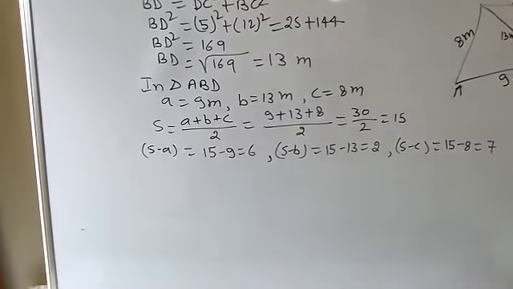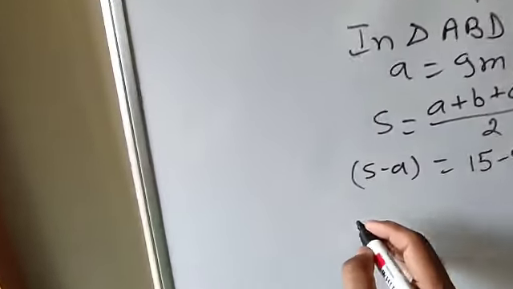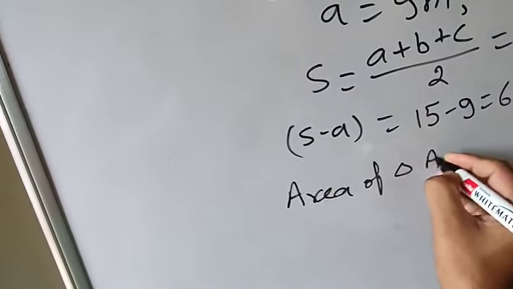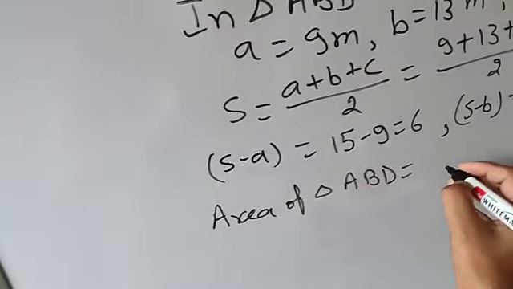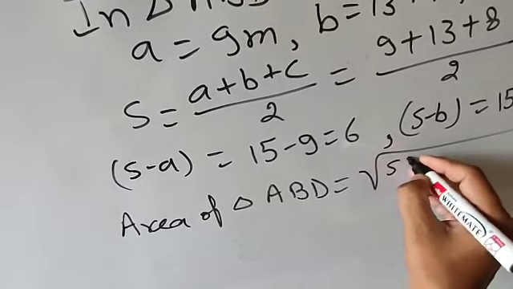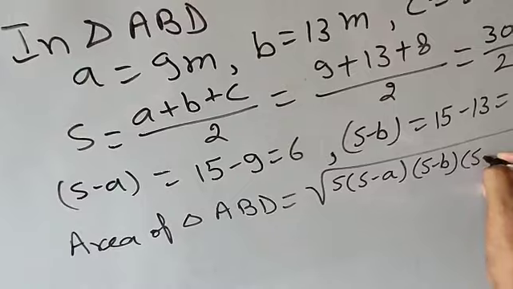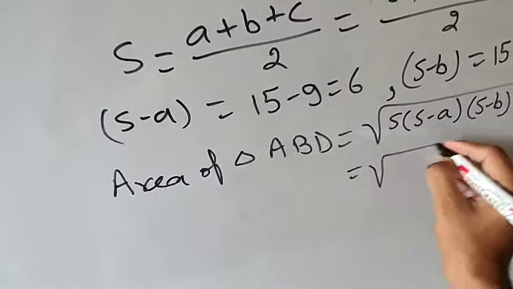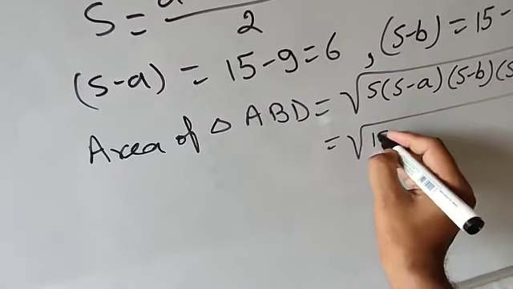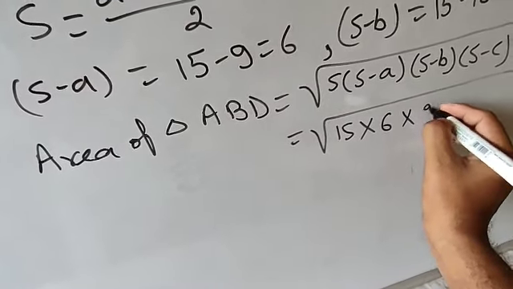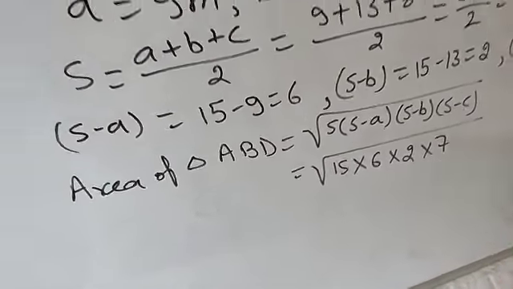Now you need to find the area of the triangle ABD. So area of triangle ABD equal to under root s into s minus a into s minus b into s minus c, that is equal to under root 15 into 6 into 2 into 7.